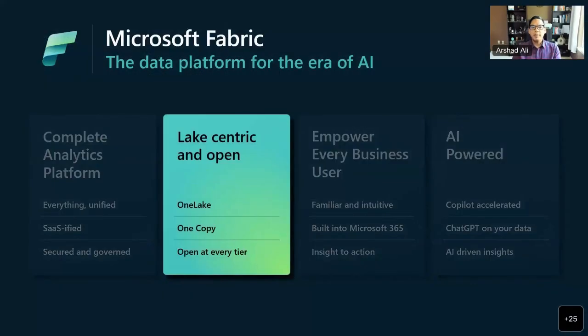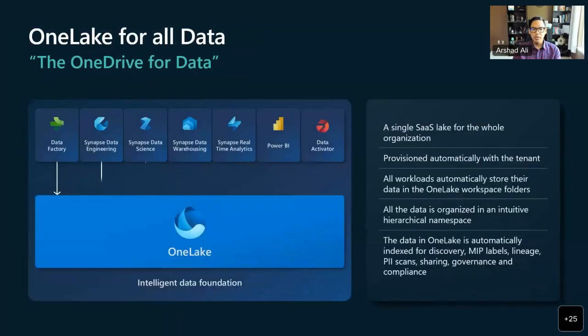So now coming back to the second pillar of Microsoft Fabric, lake-centric and open. As I mentioned earlier, the idea behind OneLake is to provide a data virtualization layer for all your data in your organization. So when you create a Fabric tenant, a single SaaS lake is created for your whole organization.